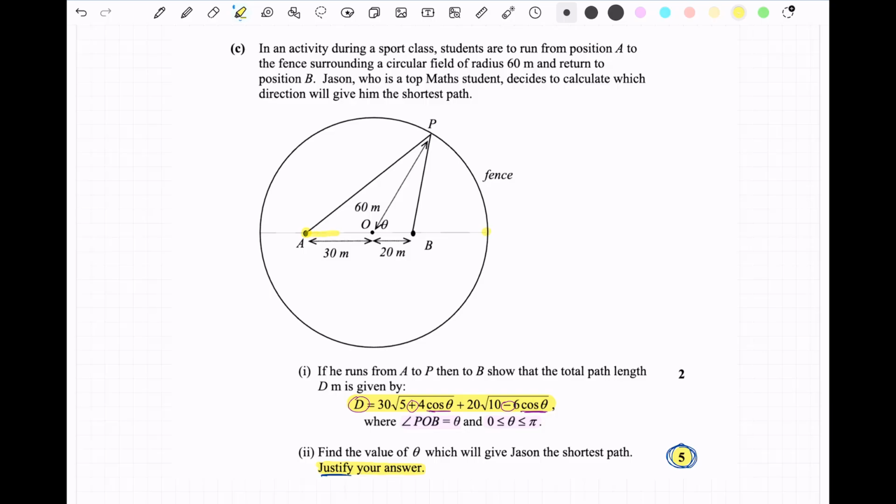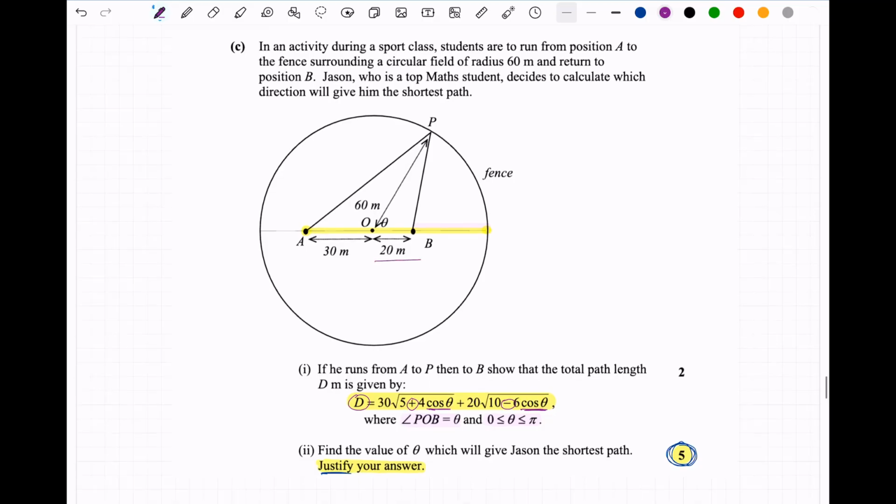So that would be 30 meters plus 60, which is 90. And then I would be coming back to B. So how can I highlight that? So we go from A over to P, and then we go from P back to B. So here we've gone 30 plus another 60 is 90, and then coming back to B, if this whole thing is 60 and this is 20, that means this bit must be 40, and 90 plus 40 is 130.